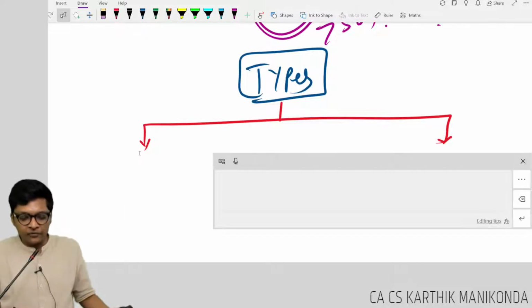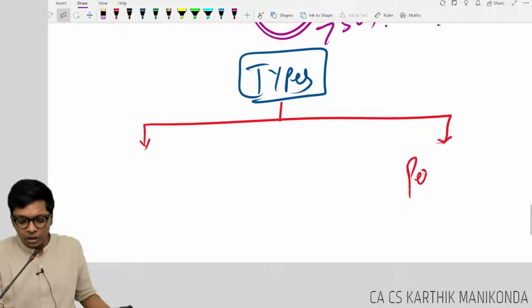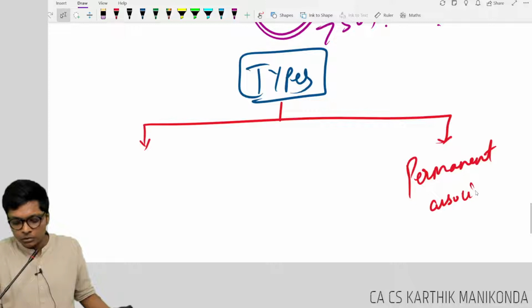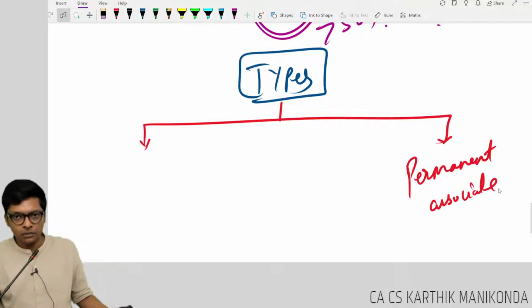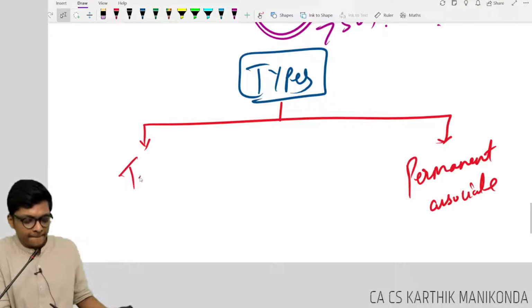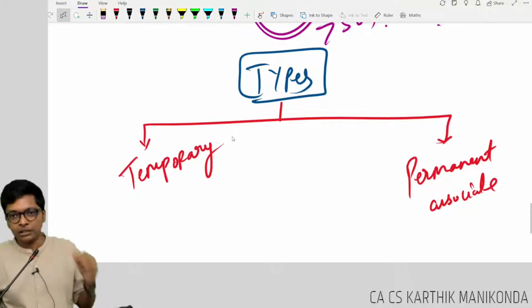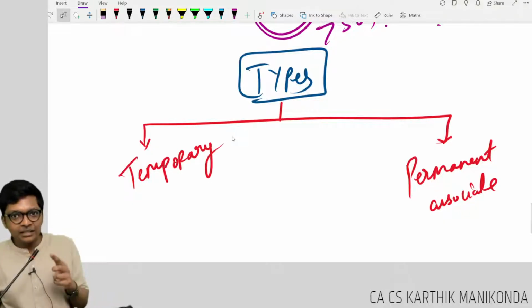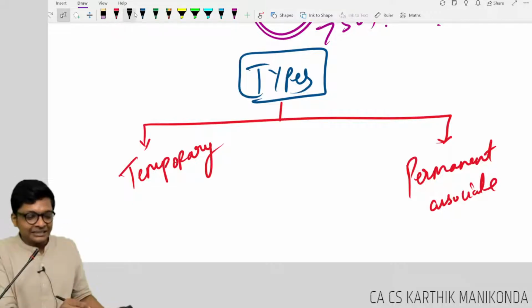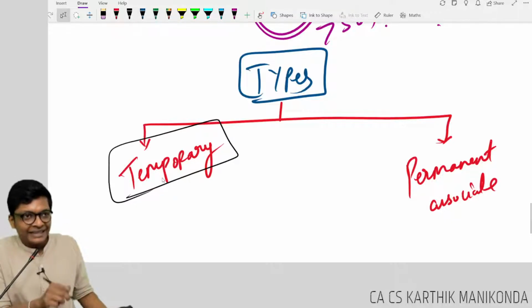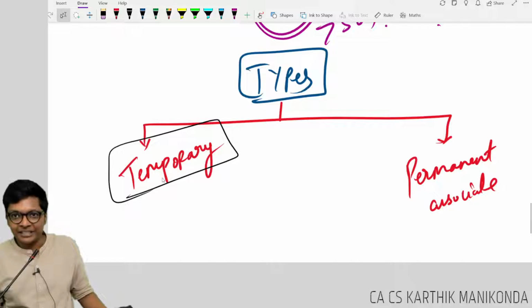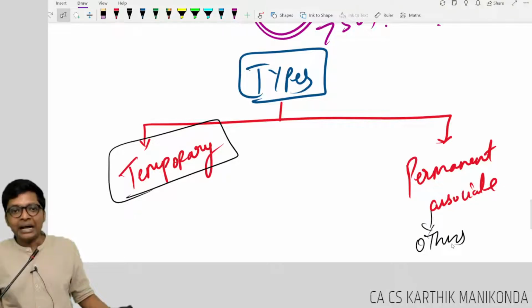So that kind of relationship with an associate is called a permanent associate. The other is called a temporary associate. But the standard defines it the opposite way. The standard defines only a temporary associate, and it tells us permanent is nothing but the others.